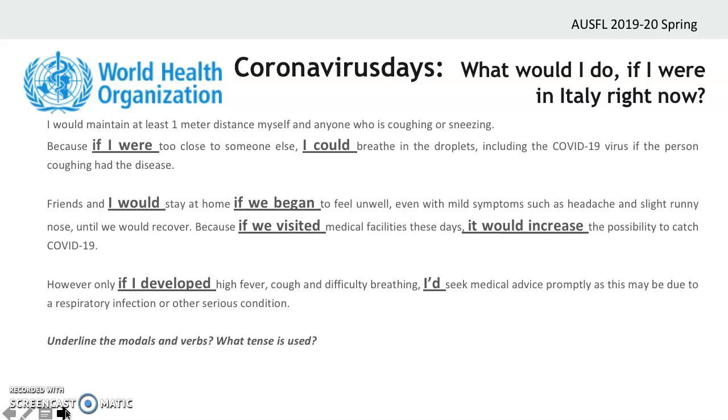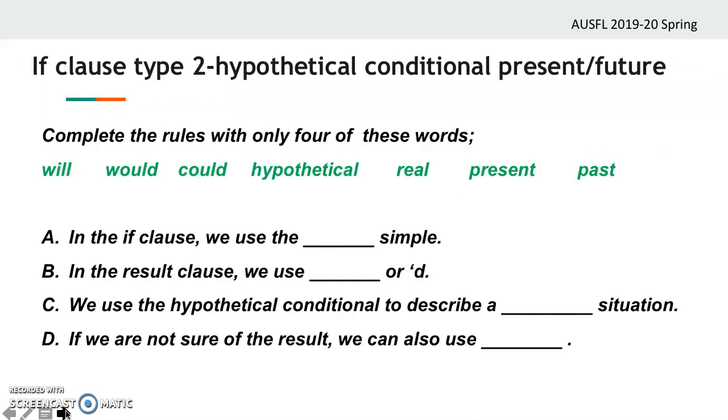Again, would is used in the result clause. And the last sentence, if I developed higher fever, so developed is the simple past, I'd seek medical advice. I'd is used for I would as a contraction. So, all right, the tenses and the modals, as you can see, are generally would and the simple past in the result clause. Let's go on and discover the rules.